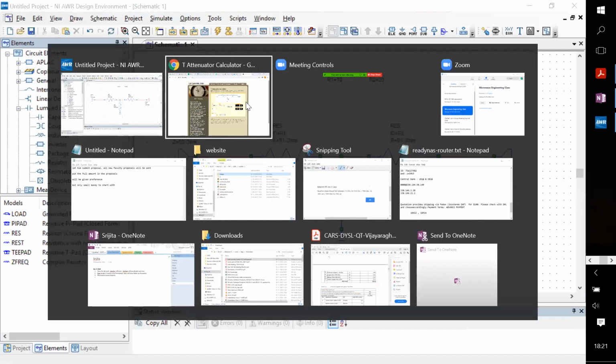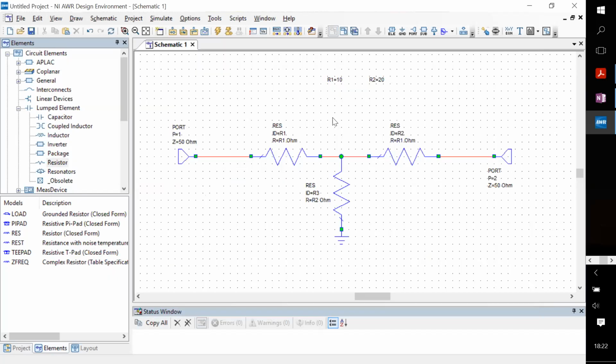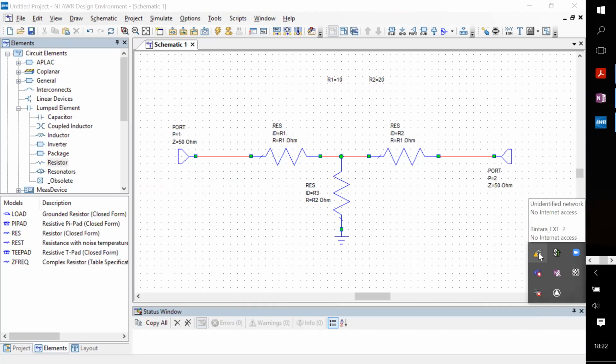I think the voice is a little patchy. It has somehow dropped from my hotspot and reconnected. Just give me 2 minutes, I'm going to reconnect again.